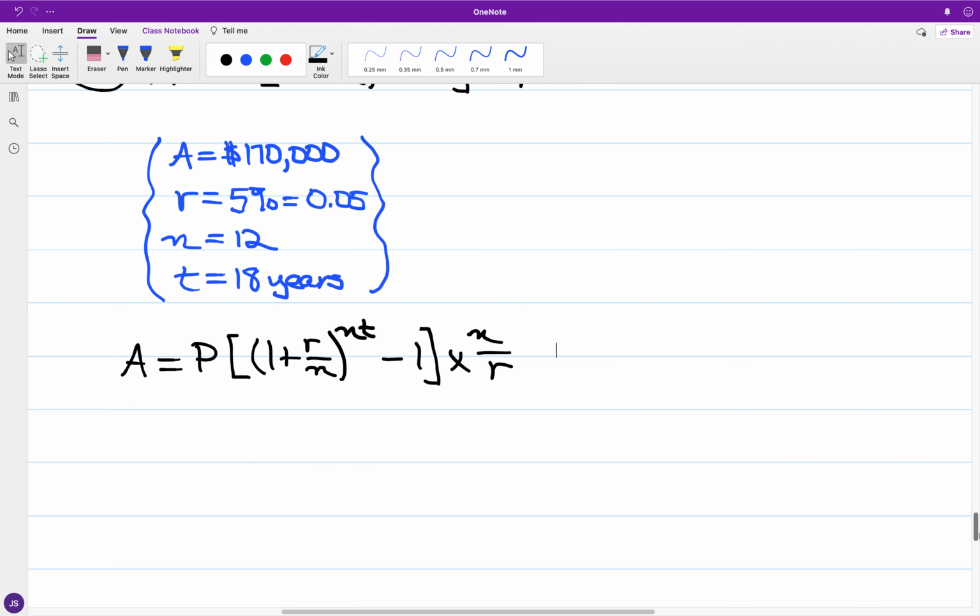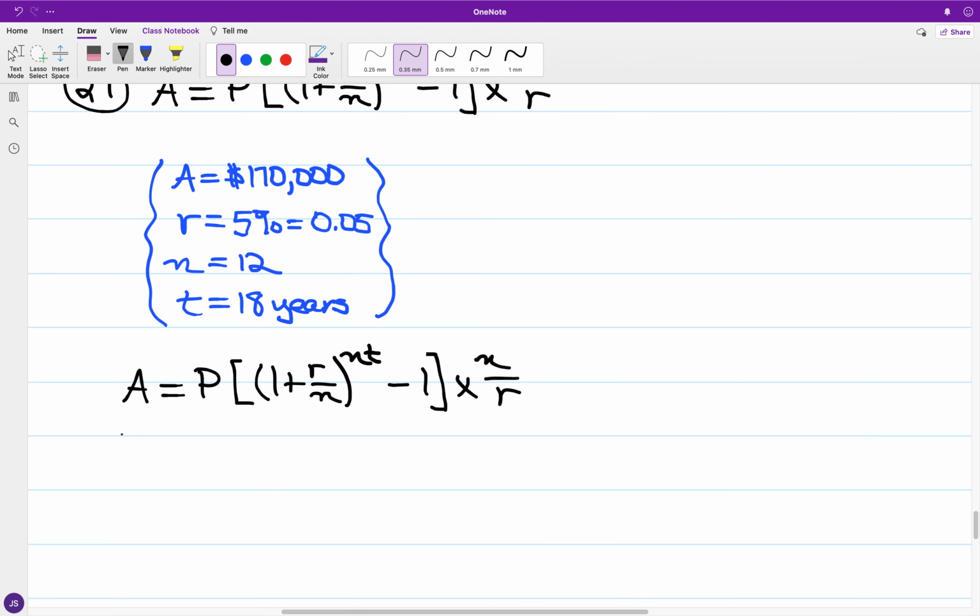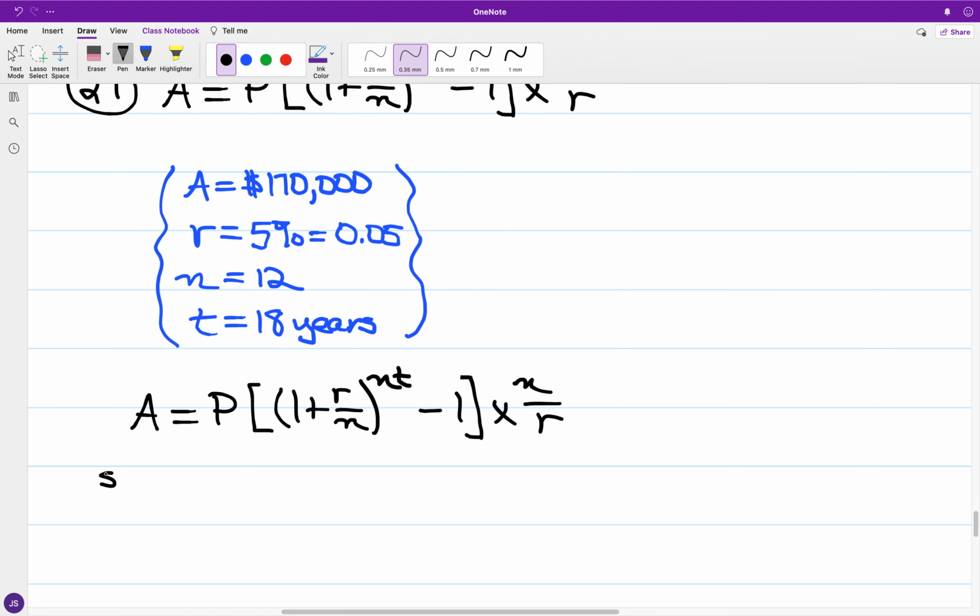So just filling in the numbers. With A, we have $170,000. Once again, we were looking at solving for P. And for 1 plus r over n, you have 1 plus 0.05 over 12.